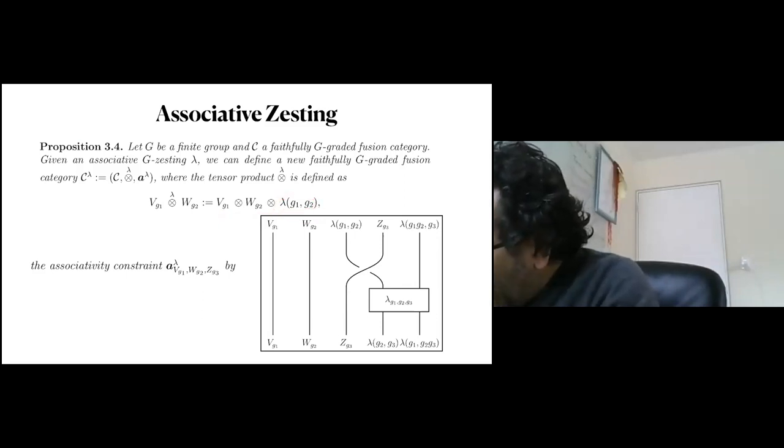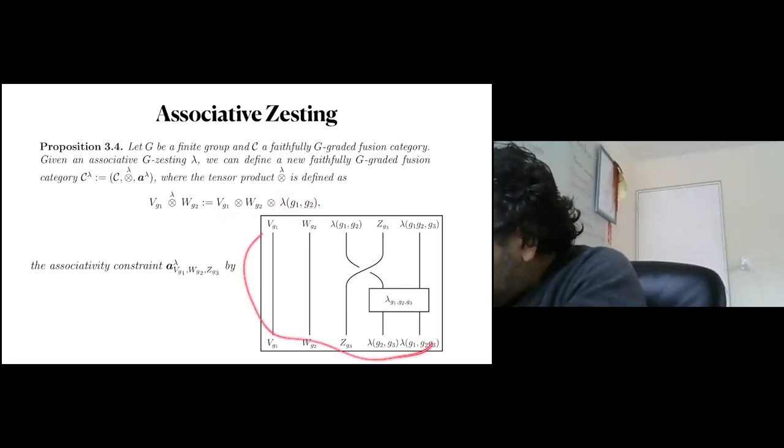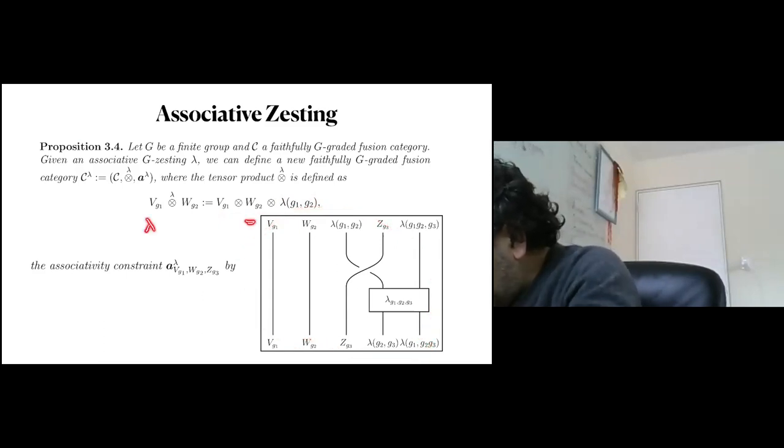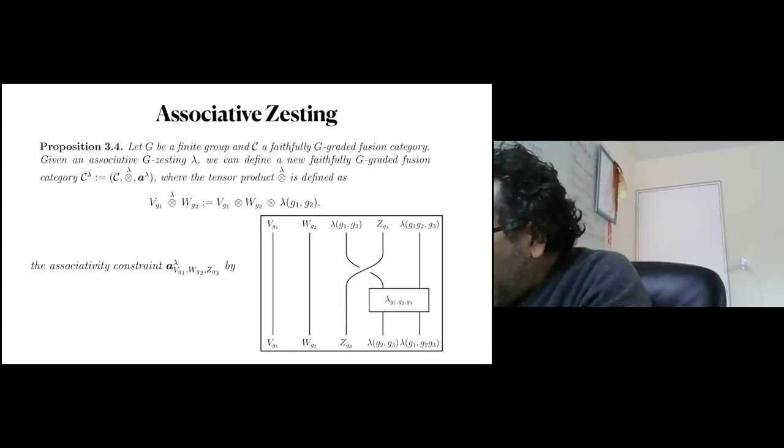And now the idea here is that the new associative constraint, so this part here is just to apply the associativity in this way, and the other, of course, in the other. So this map will give you a new fusion category structure.